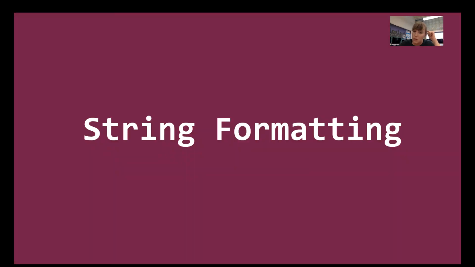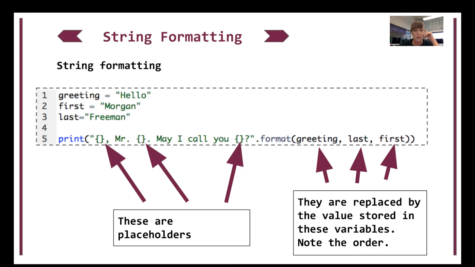Okay, moving on to a different topic called string formatting. String formatting allows you to place all of the things together like in a substitute. So it's allowing you to take values of variables. This is a variable, this is the value stored in it.